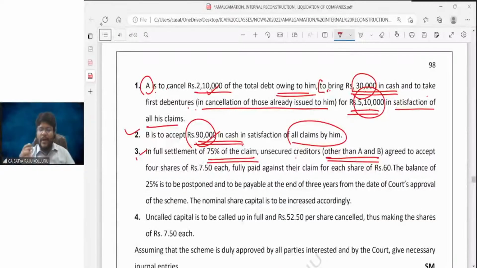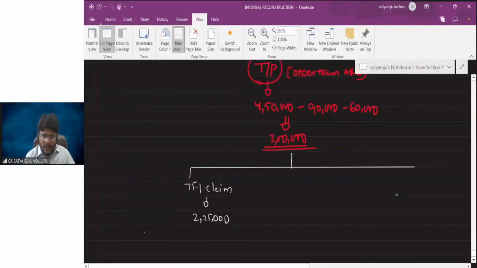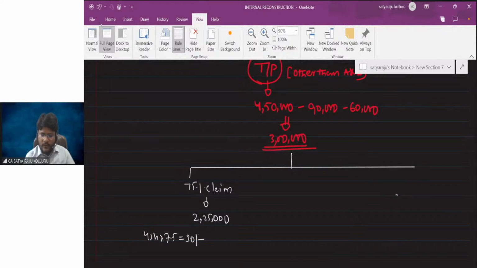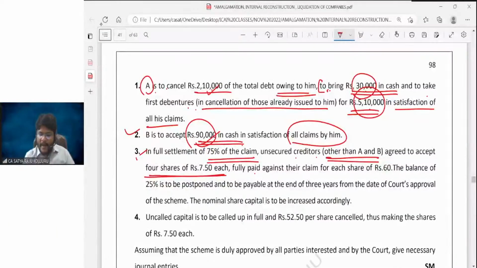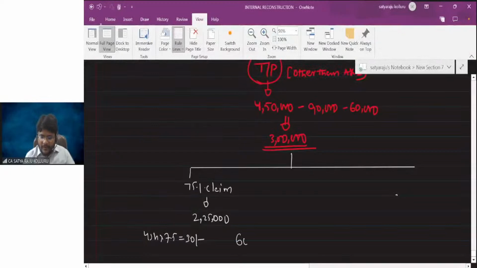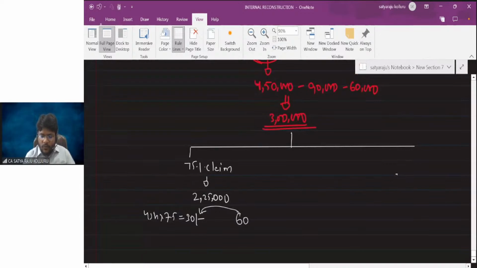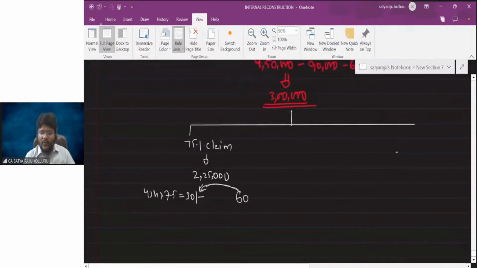In full settlement of 2,25,000, unsecured creditors other than A and B agreed to accept 4 shares of 7.50 each. 4 shares of 7.50 is equal to 30 rupees, fully paid, against their claim of 60 for each share. For every 60 rupees, we need to pay 30 rupees, which means the other 30 is sacrifice.